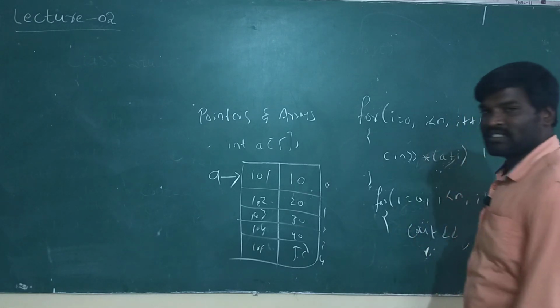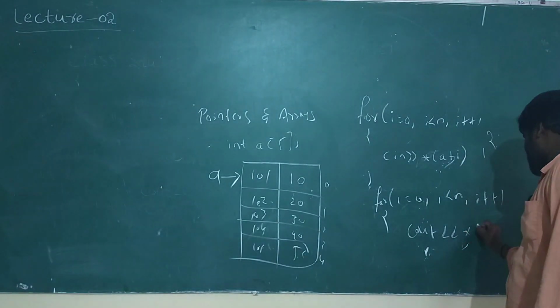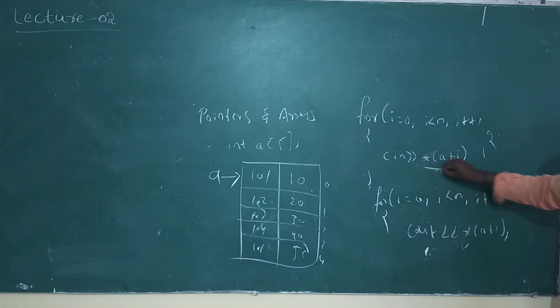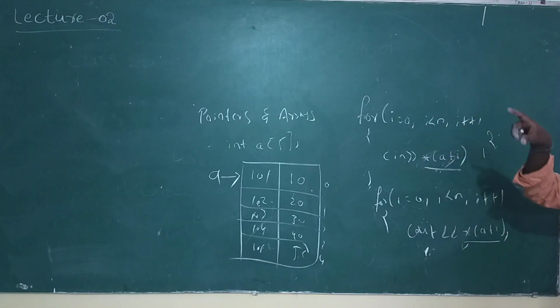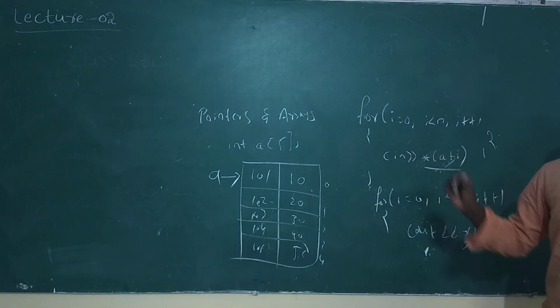To print the array elements or the pointer values, we can use star of (a plus i). Whatever we write in cin, the same text has to be written in cout also. Here star is used to convert the pointer, here star is used to print the value. So this is pointers and arrays.